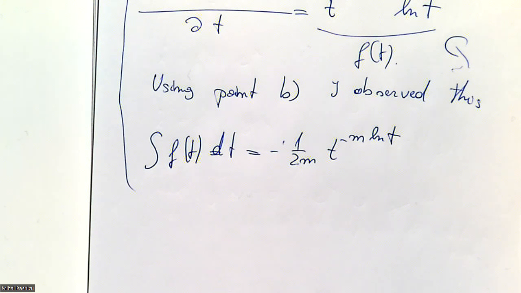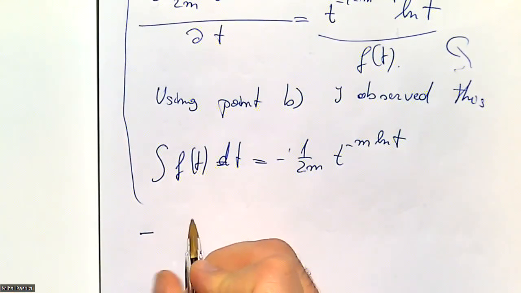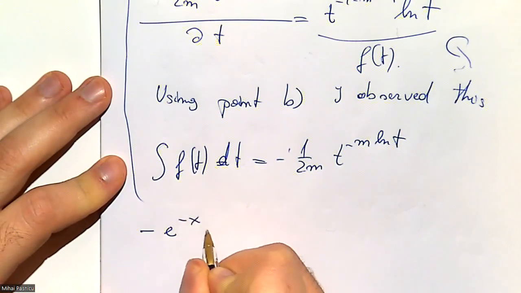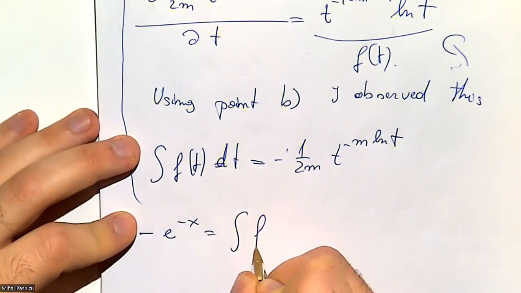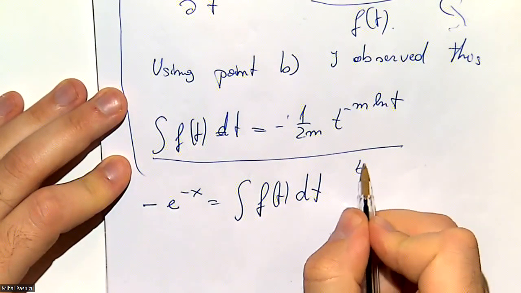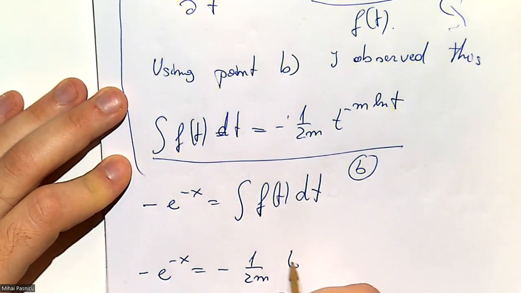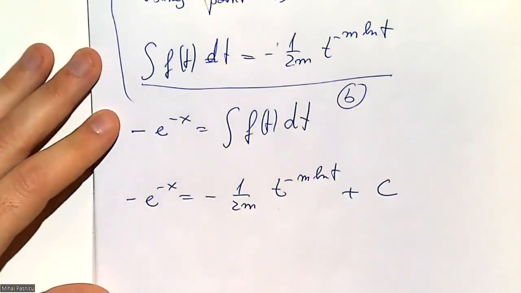So now coming back to our problem, we had e to the minus x is equal to the integral of f of t dt. I know from part B that minus e to the minus x is equal to minus 1 to m t minus m ln t plus a constant.